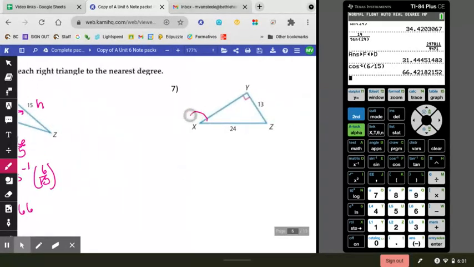Number 7. Here's x. There's the right angle, so 24 is the hypotenuse, 13 is opposite. The ratio that uses opposite and hypotenuse is sine of x equals 13 over 24.